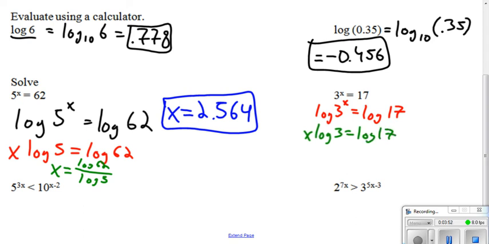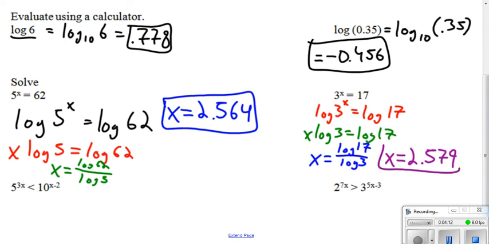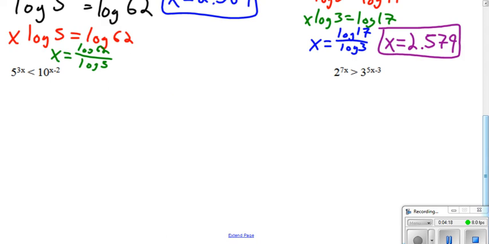We can divide both sides by log of 3, log 17 over log 3, which means in the end that x equals log 17 over log 3, which is approximately 2.579. Well, running out of room on these ones. Let's give ourselves a little more space.